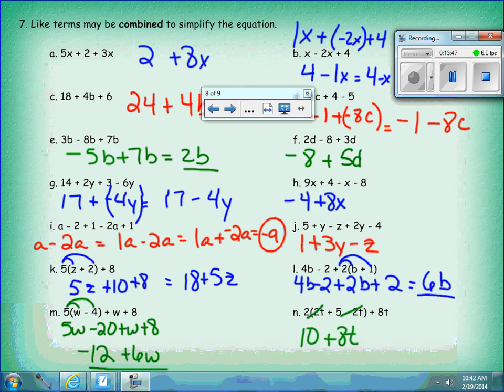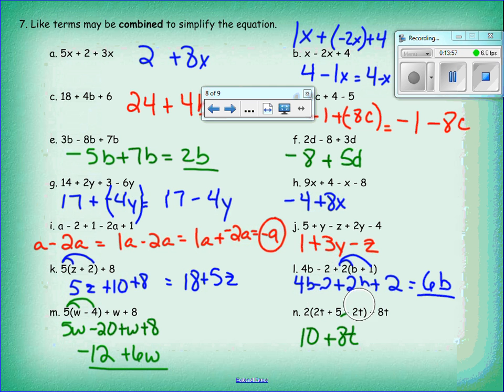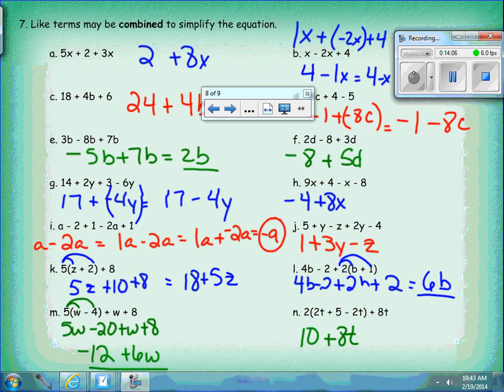That was the answer for M. On N, before we even had to use the distributive property, we noticed that the 2t and the negative 2t cancel each other out. So all we need to do is distribute 2 times 5, which is 10, plus 8t.